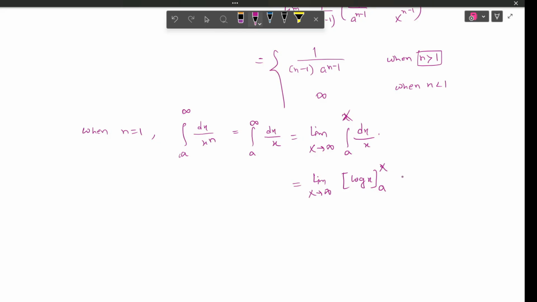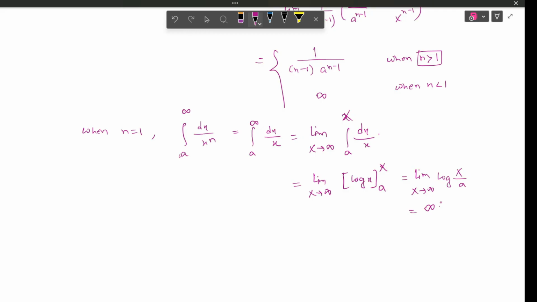Now it will be log of capital X minus log of a, that is, log a minus log b is log of a by b. So you can say the limit as X tends to infinity of log of capital X by a. Now log of infinity is infinity, so it will give an infinite value.